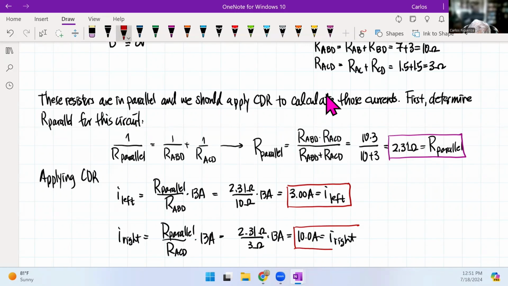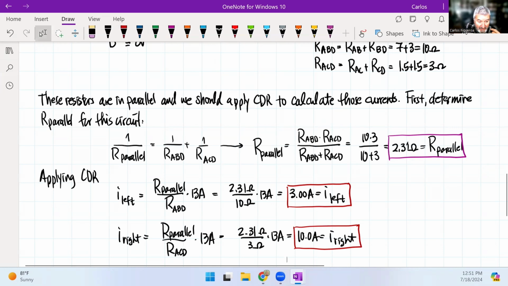So now I have my currents. Now we can calculate the powers.